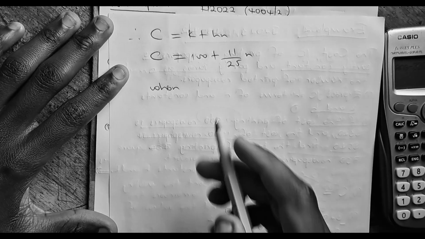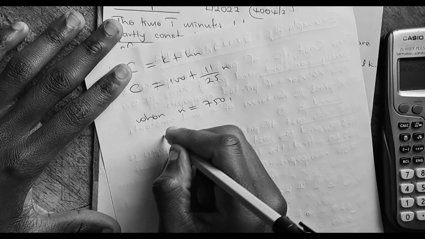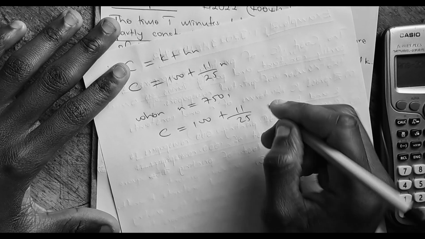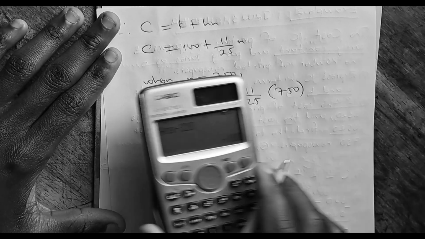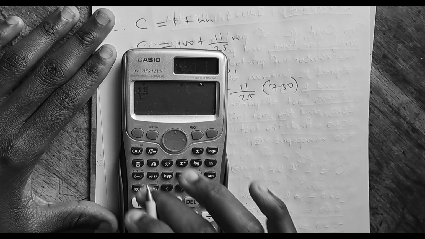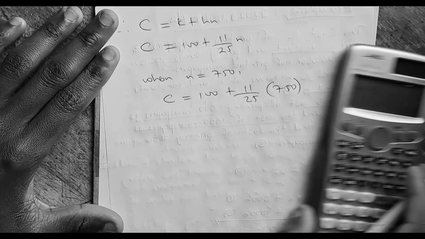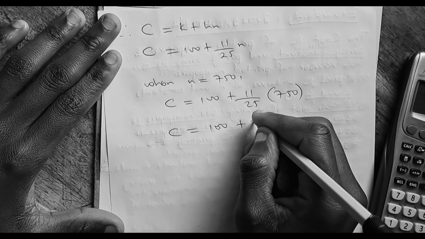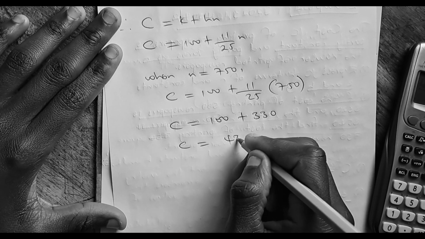So when n is equal to 750, C is equal to 100 plus 11 over 25 times 750. Utilize the calculator: 11 over 25 times 750 gives 330. So C is equal to 100 plus 330. Therefore, C is equal to 430.